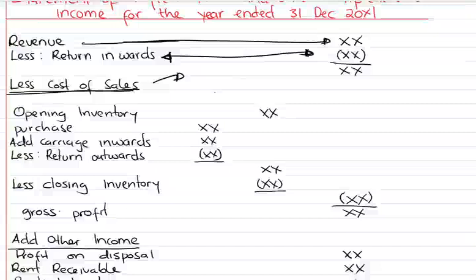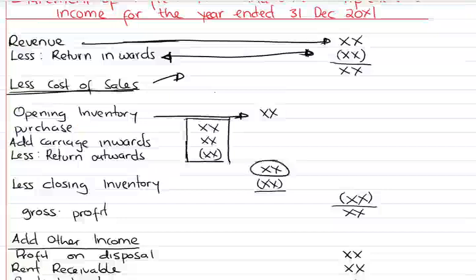For cost of sales, we start with opening inventory. We have to come with the purchase figure, but the purchase figure can be adjusted before we actually put it here. We should add any carriage inwards. Carriage inwards are expenses that are incurred for you to bring your stock or whatever material to your premises.